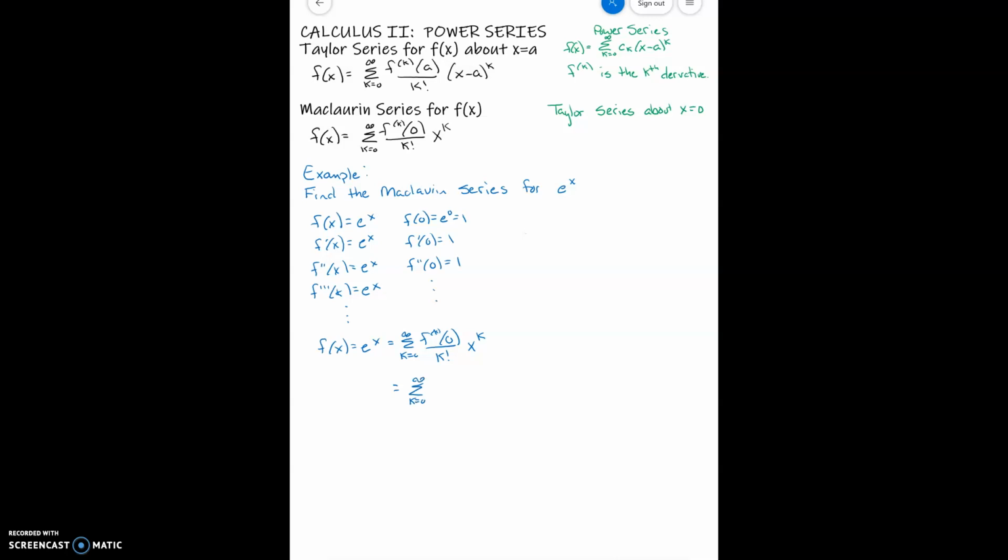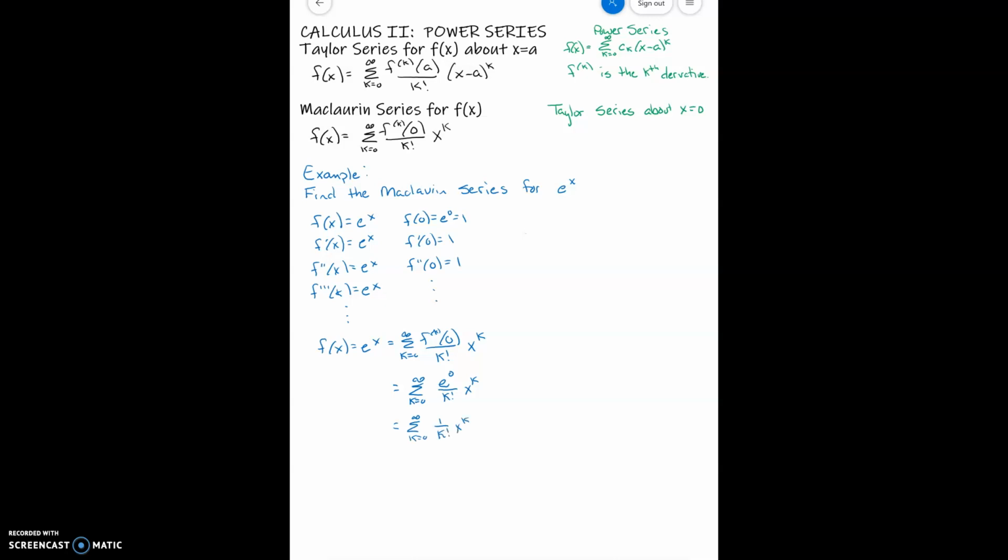All right, all of the derivatives have the form e to the x. Of course, we're evaluating this at 0, so they all look like e to the 0 over k factorial x to the k. But e to the 0 is always 1.